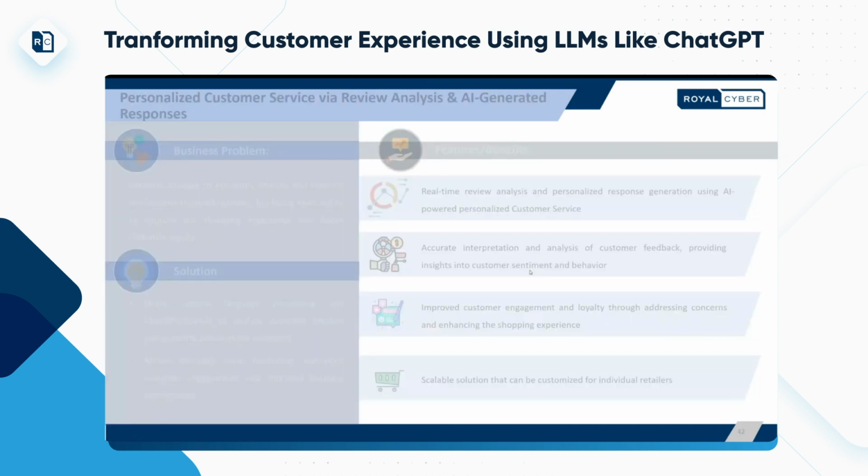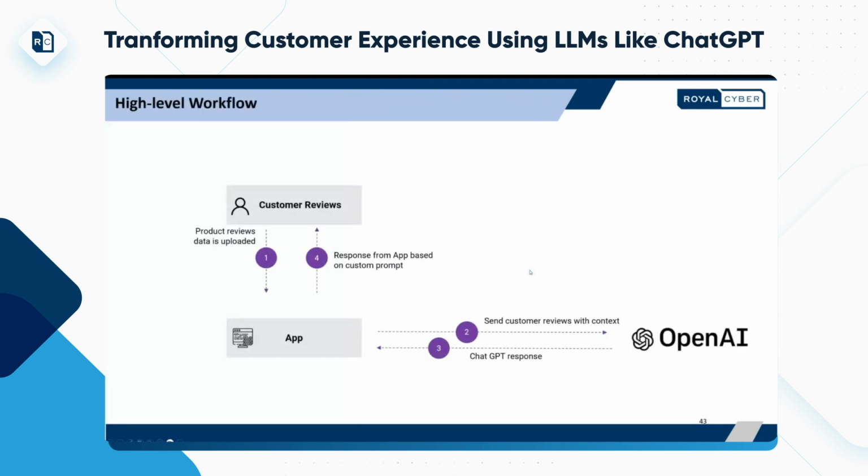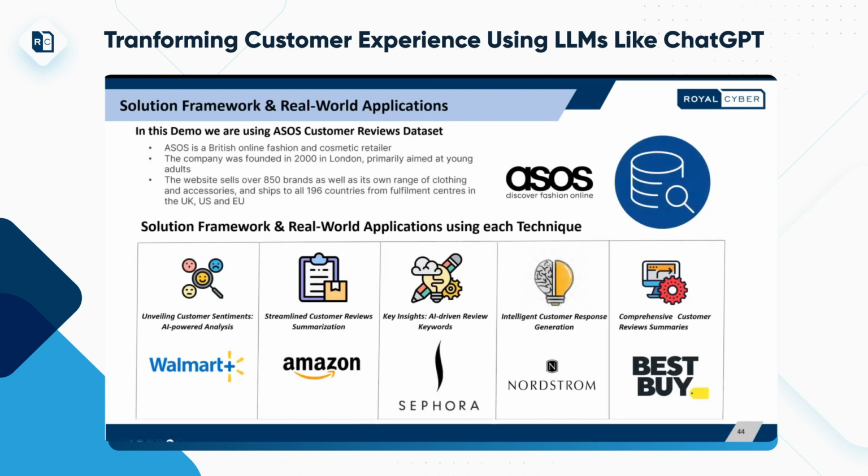Just a quick high-level overview: in this setting, you'll see customer review data passed through an app, which then talks to OpenAI. We then get a response based on the prompt or the question, and that response is passed back to the front end app. So we'll see that in real life.